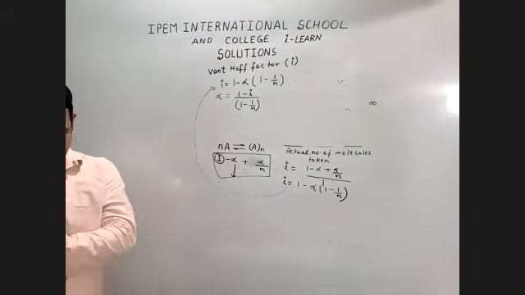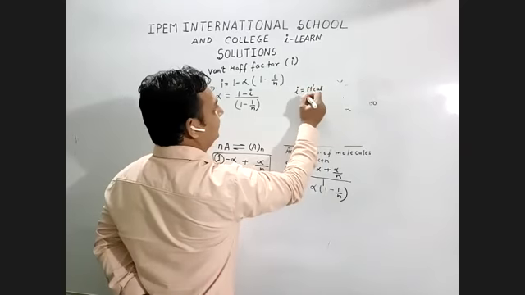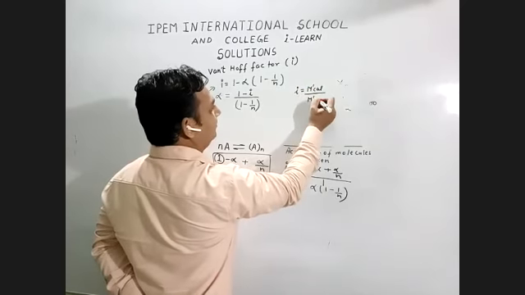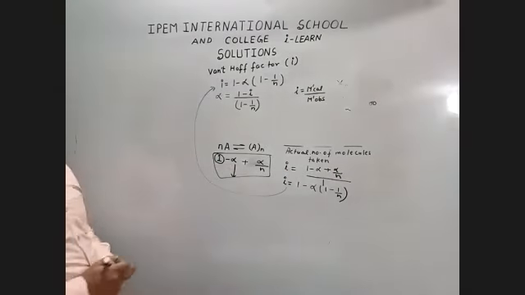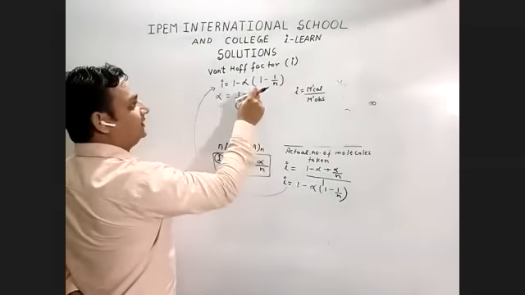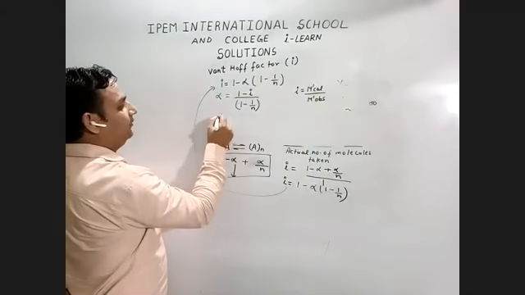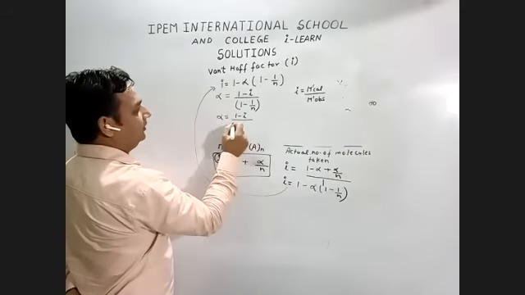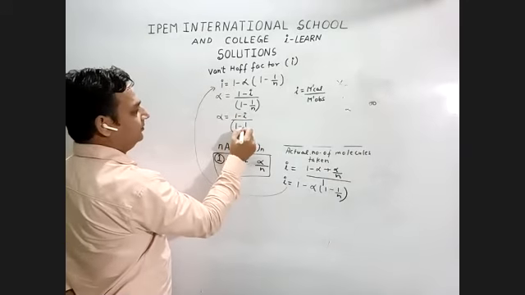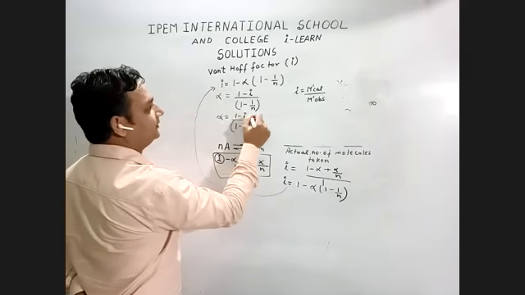All right. Now, i we know that is M calculated upon M observed. So we put this i in this formula. Alpha is equal to (1 minus i) upon (1 minus 1 by n). Instead of i, we put this one.